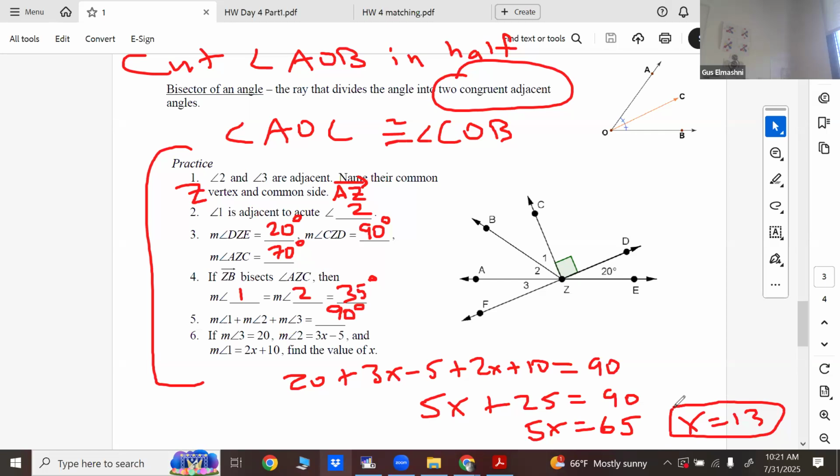So we have to get the rest. So angle one, that's 35. So we calculate the rest. Measure means, if you're saying the angle first, you're not saying the value. The equal value. So then 90, 20. Then you can make an equation, 20 plus 3x minus 5.